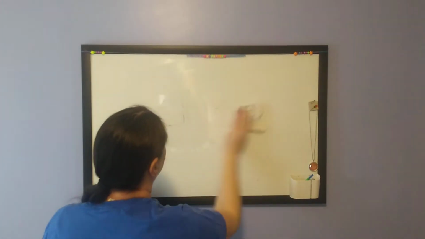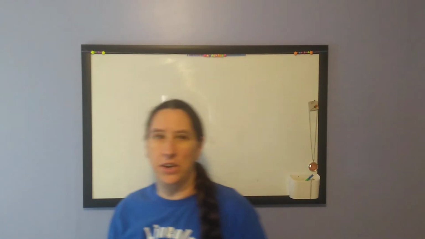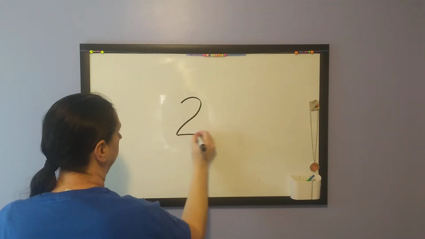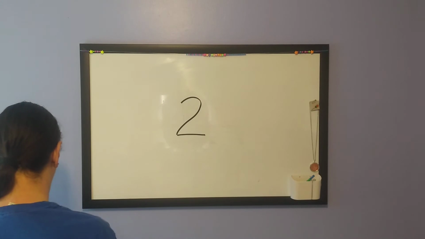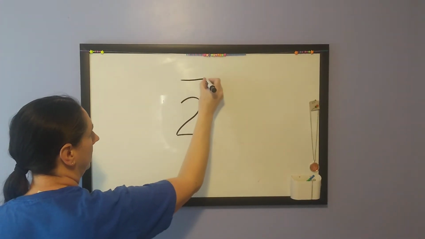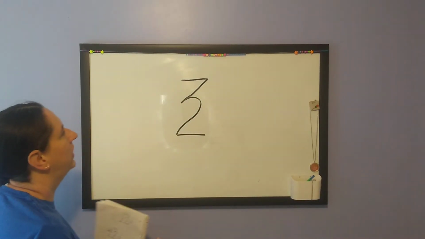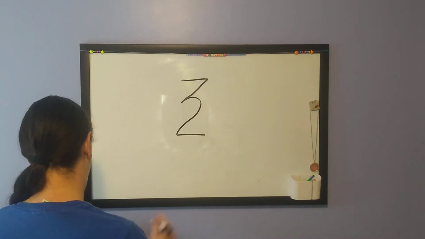All right, so now our drawing. Our drawing is going to start with the number 2. Then you kind of want to draw this number 7, or a fancy 3 looking number.